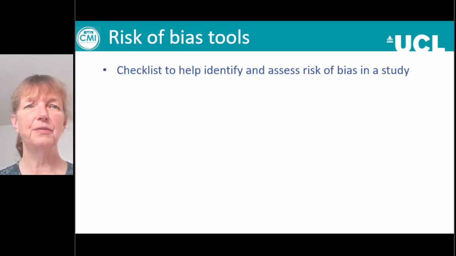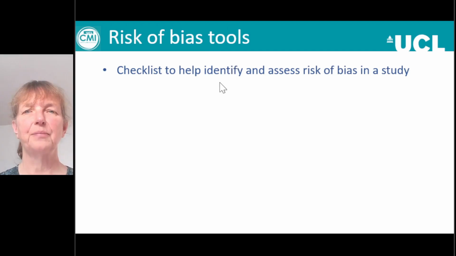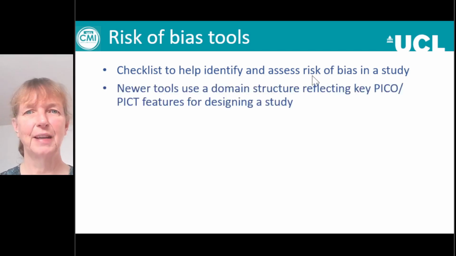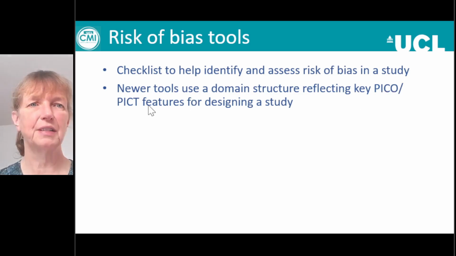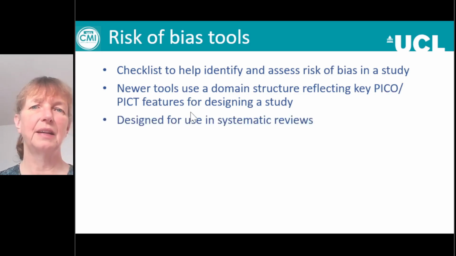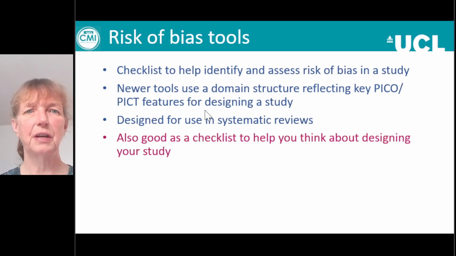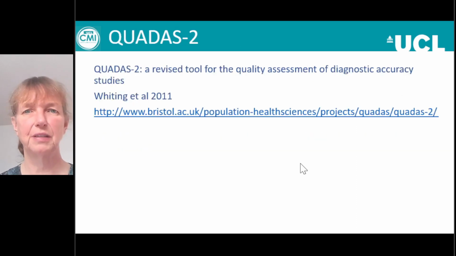These form great checklists for thinking about what biases could arise in a study, and that could be a study you're designing and you're about to run. The newer tools for risk of bias always use a domain structure to reflect the patient, index test, and comparison tests, and as I say, they were designed for use in systematic reviews, but they're a great checklist to use when you're designing your own study.